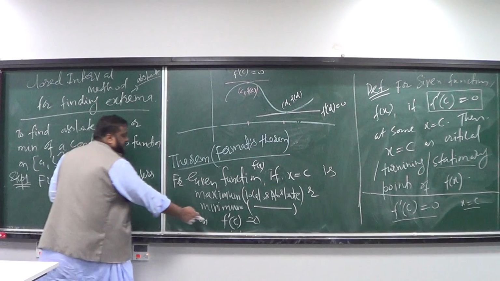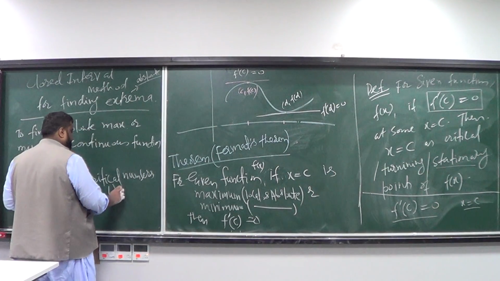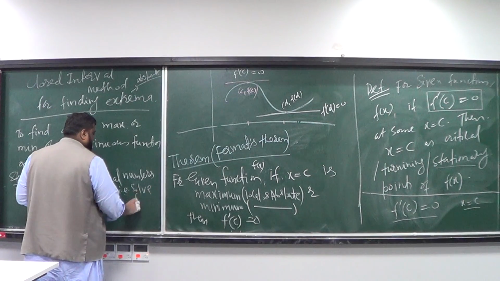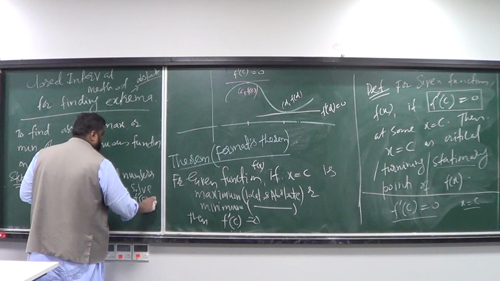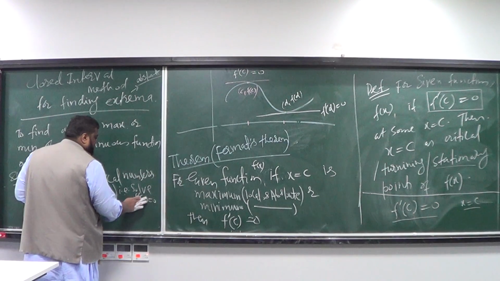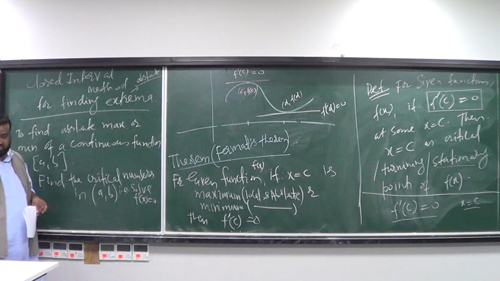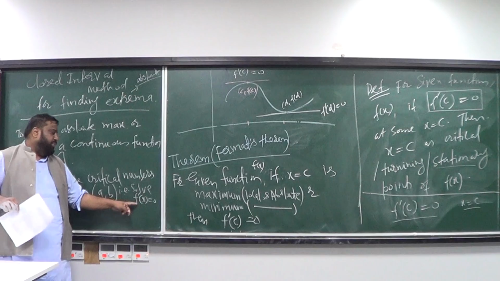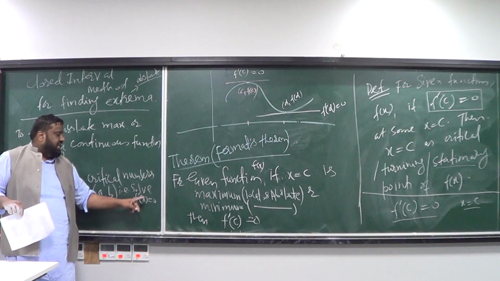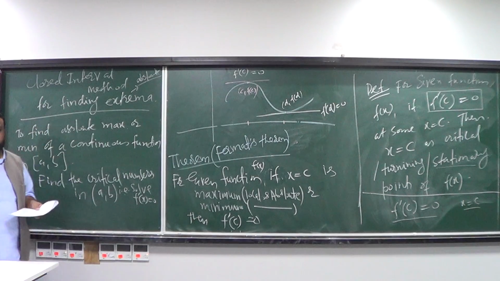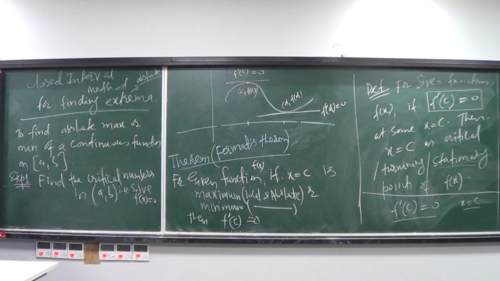The points where the derivative of the function is 0. That is, solve f prime of c equal to 0. Okay? Yeah, f prime of x equal to 0. The first step is find the critical point, and for finding the critical point, compute the derivative of the function and equate it to 0.